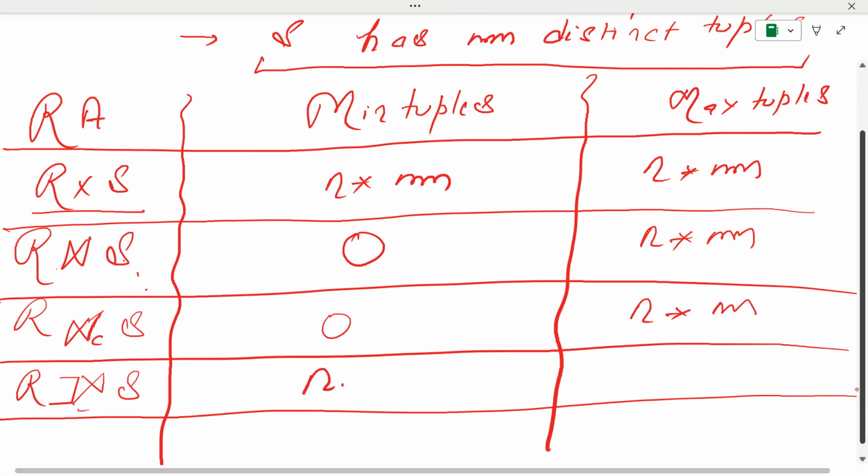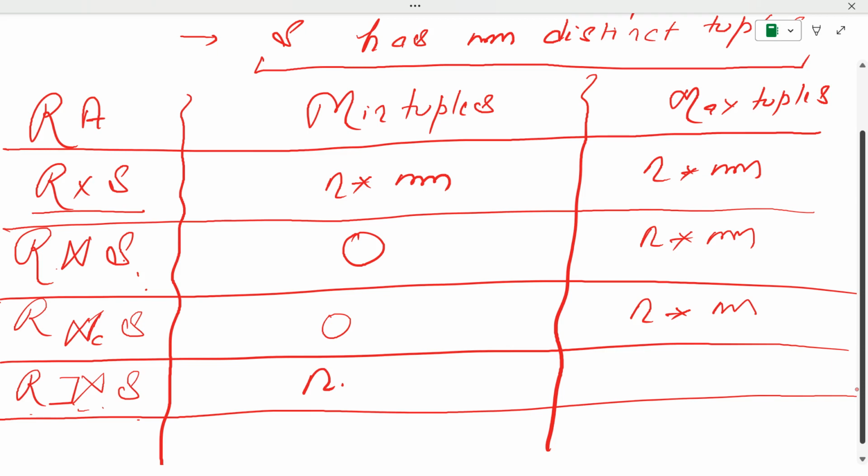If there is no common attribute between R and S, the natural join is the cross product of the two relations, that is n into m. But if we are applying a certain condition and that condition does not get accepted, then the minimum number of tuples could be 0.